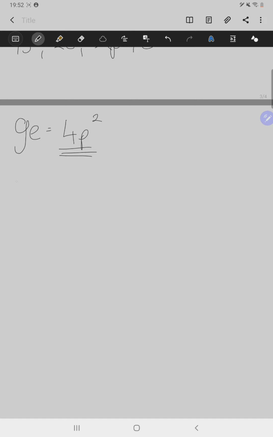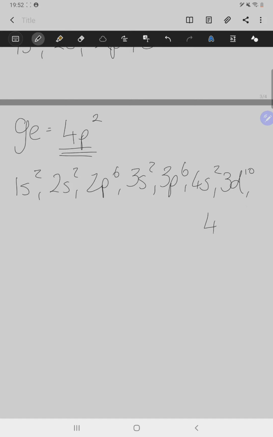So this is going to give us 1s2, 2s2, 2p6, 3s2, 3p6, 4s2, 3d10, and then 4p2. So we don't even have to try to figure out all the rest of it once we know where it finishes.